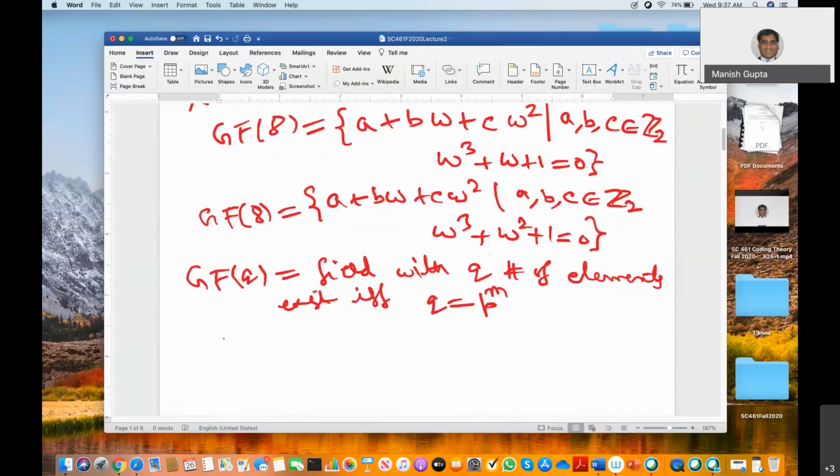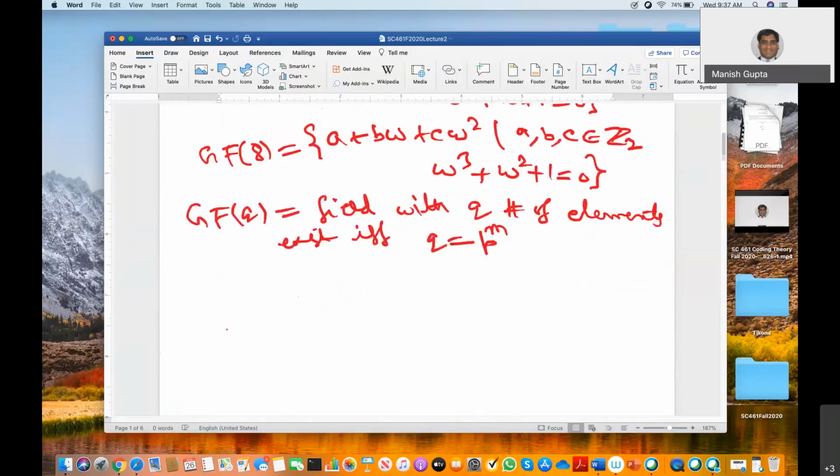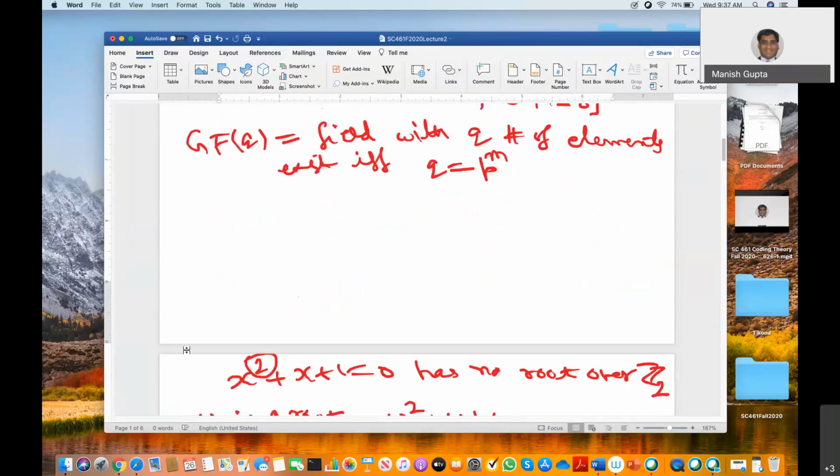So that means I should tell you something like this. We have GF2 here, which is our Z2. From Z2 we constructed GF4, 4 number of elements. From here we can construct GF8.